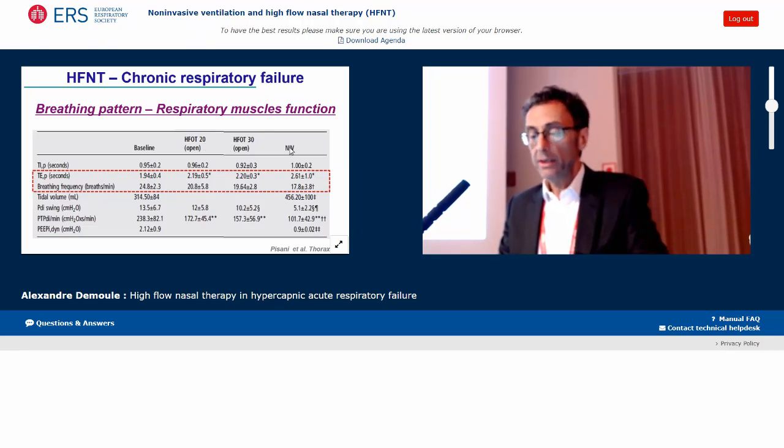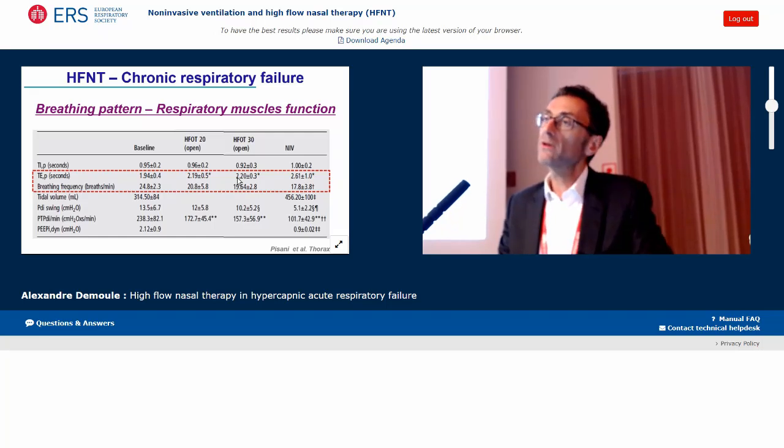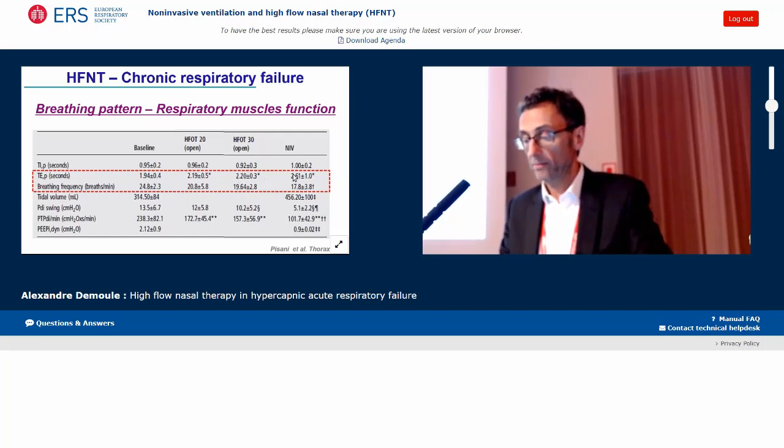One thing we can see here is that expiratory time is increasing compared to baseline. It's increasing with high flow therapy, 20 liters and 30 liters. It's pretty much the same. It's increasing, but less than with non-invasive.